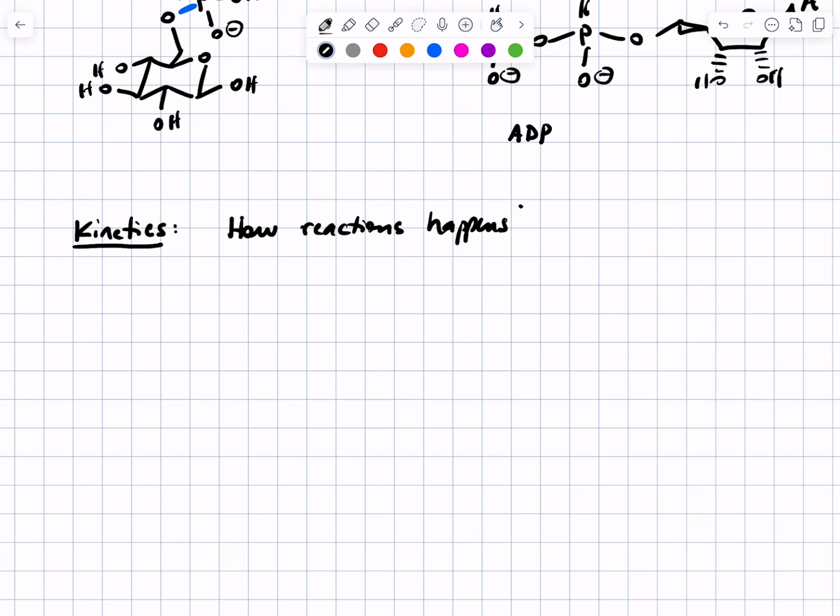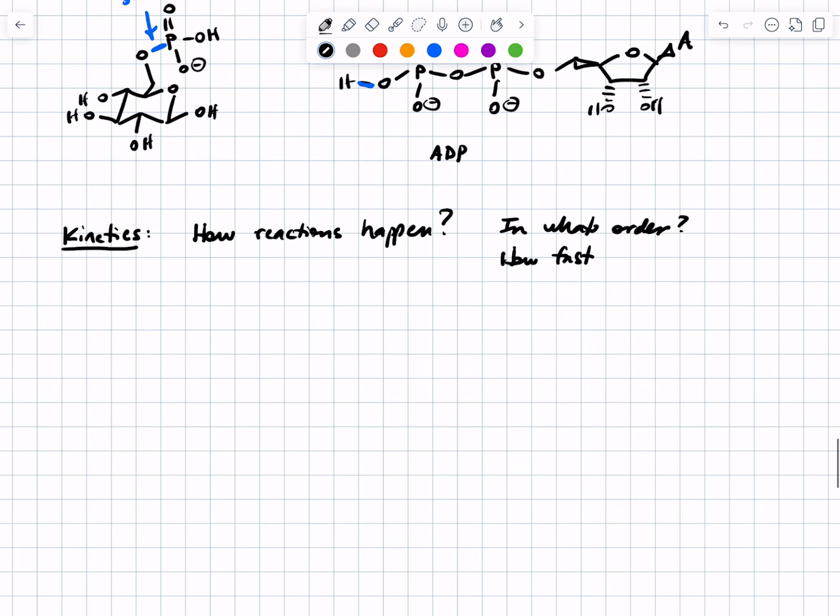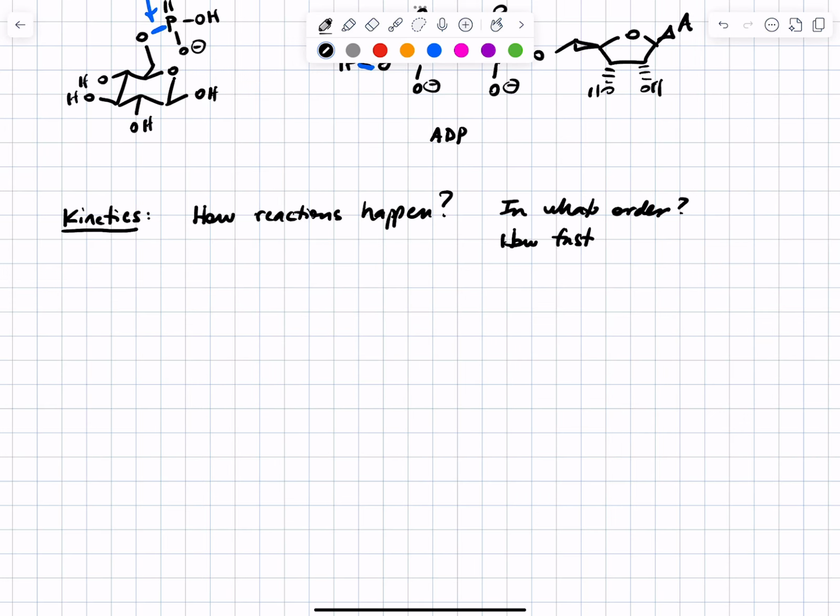How reactions happens, that's just really terrible verb agreement there, but how do reactions happen? In what order are the bonds broken and formed? And also, how fast? So we're going to illustrate this with an example and probably review some things that you learned in general chemistry, but put it in a new and useful context.